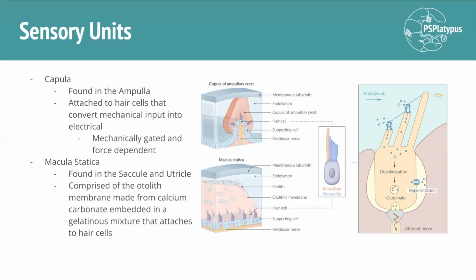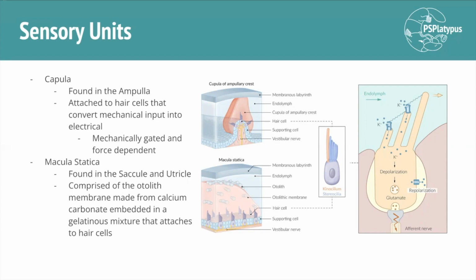And if we look at the diagram to the right, we can see that if movement is towards the kinocilium, which is the largest stereocilia found on a hair cell, it causes these gated potassium channels to be basically pulled open, much like a swinging door which closes automatically on itself, but this time it pulls them open based on how much the capilla is deflected by the motion of the fluid or the endolymph.